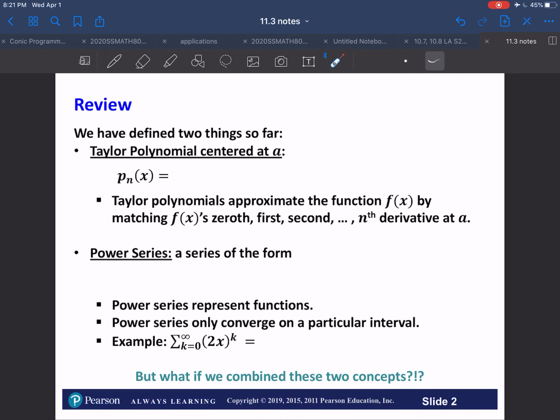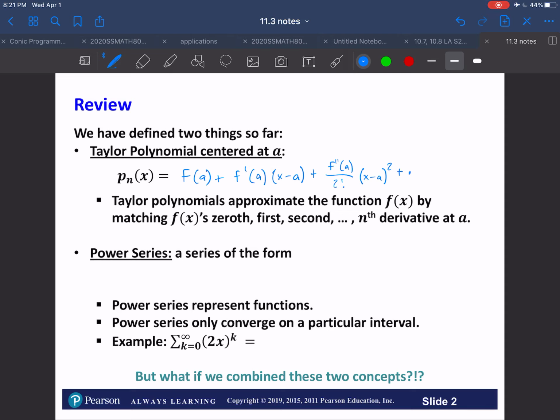Alright, so let's do some review first. There are two things that we have learned up to this point. In chapter 11, the first thing we learned in 11.1 was this idea of a Taylor polynomial. So a Taylor polynomial centered at a point A is defined as f of A plus f prime of A times x minus A plus f double prime of A divided by 2 factorial times x minus A squared.